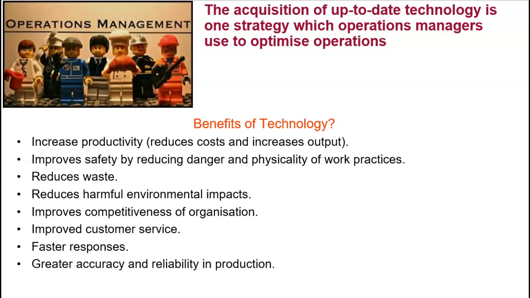You can reduce waste as a result of technology, reduce harmful environmental impact, improve competitiveness of an organisation, improve customer service, faster responses, and greater accuracy and reliability in production. They're all benefits of implementing technology strategies. So we can now move on to what those strategies are.